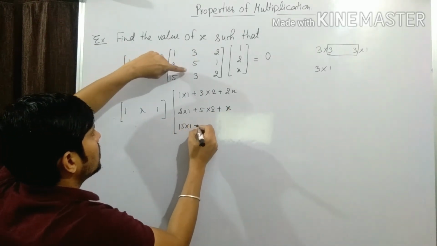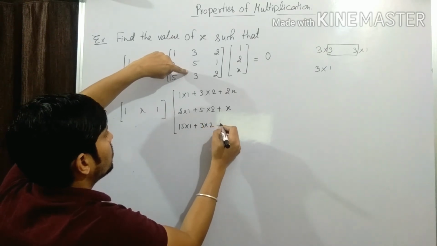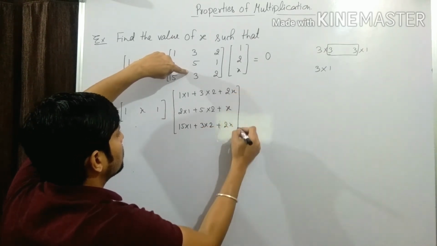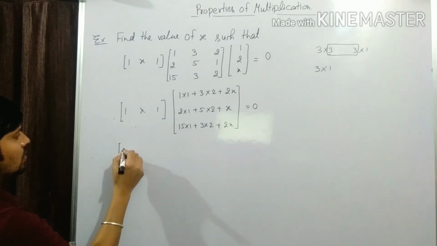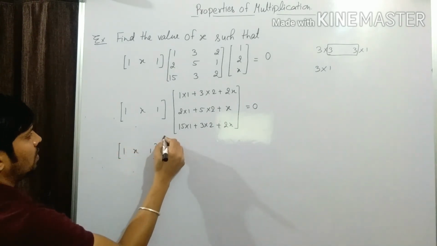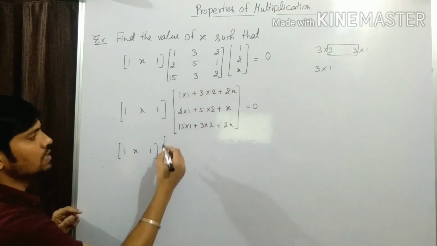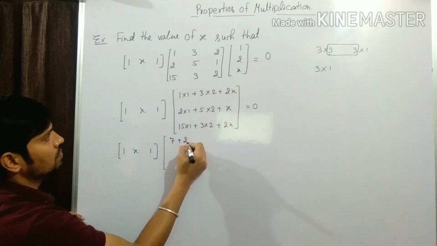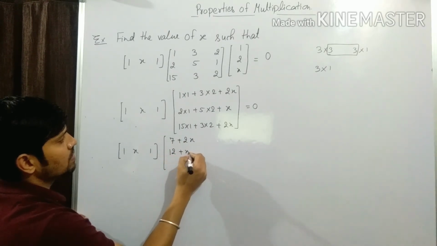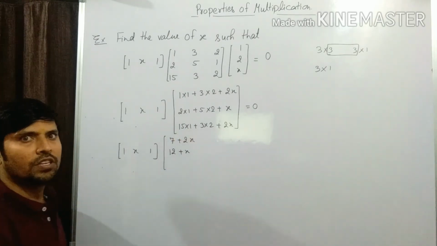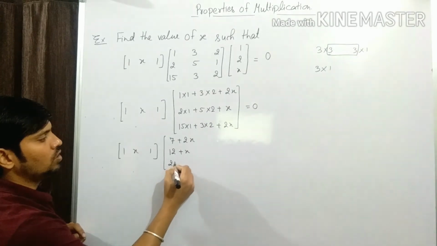Then the third row: 15 into 1 plus 3 into 2 plus 2x. On solving, we get 7 plus 2x, 12 plus x, and 21 plus 2x.